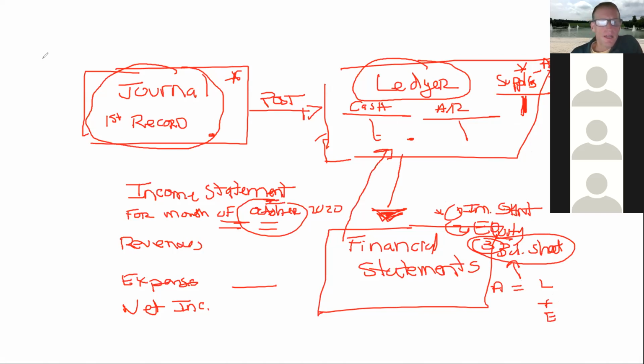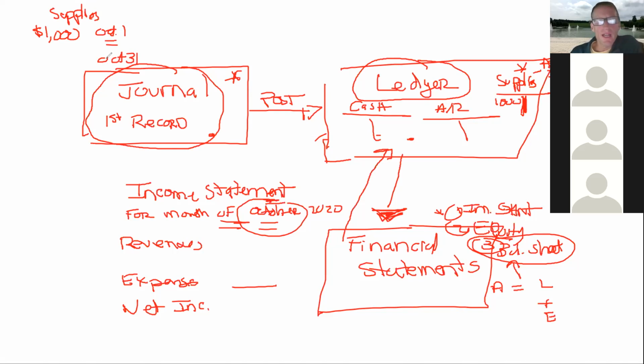If I bought $1,000 of supplies on October 1st, let's say on October 1st, I just keep it simple, I have $1,000 of supplies in my ledger. Let me write this out right here. I've got $1,000. Let's say after October 31st, when we get into November, you'll do a monthly financial statement on the month of October.